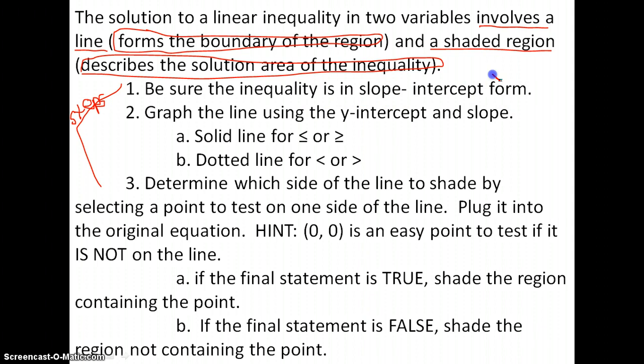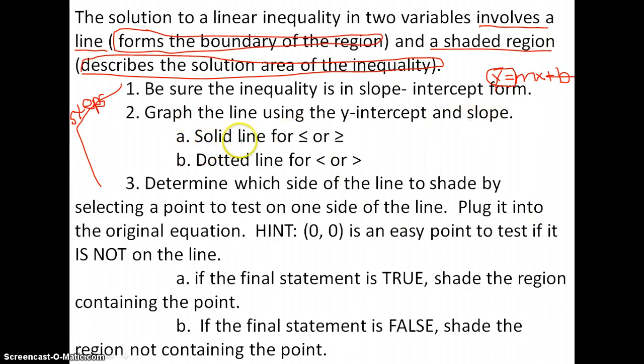Remember, slope-intercept form is y equals mx plus b. In order to graph, the equation must be in y equals. Y has to be alone. If y is not by itself, you cannot graph it. Then, graph the line using the y-intercept and slope.